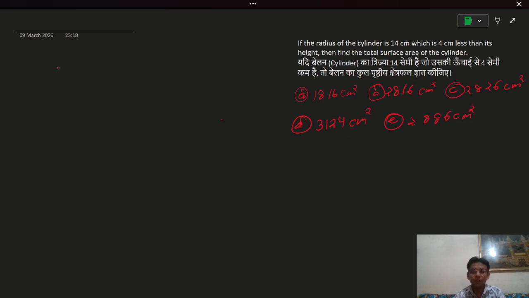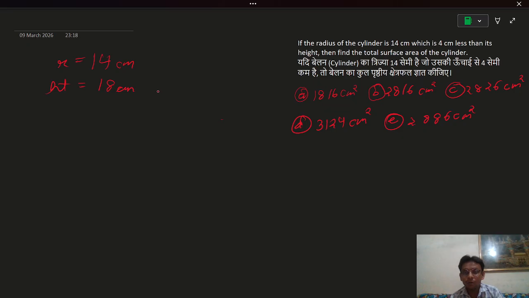Okay. So the radius of the cylinder is 14 centimeter. Radius is given as 14 centimeters. And height is given as 4 centimeter more than its radius. Okay, so what is the height? Height will be 18 centimeter.